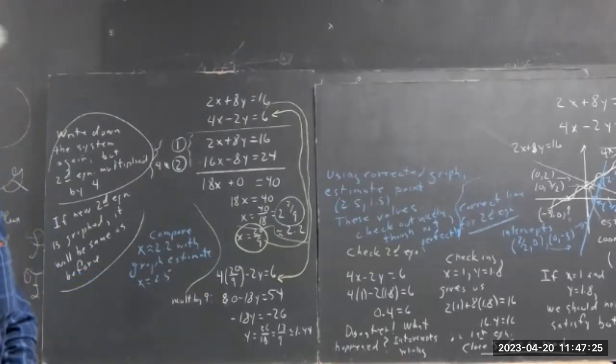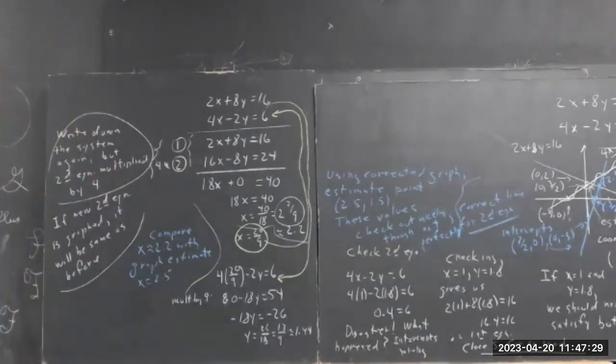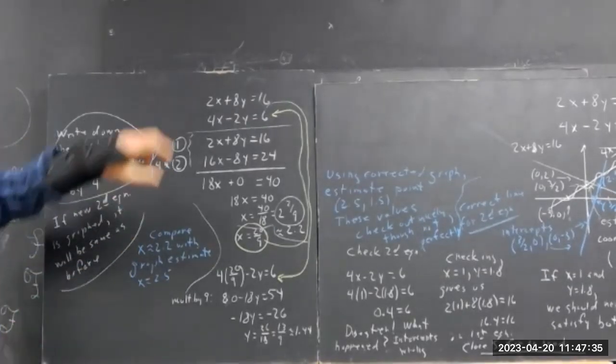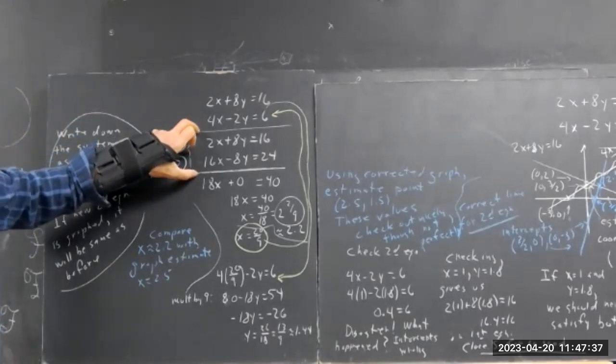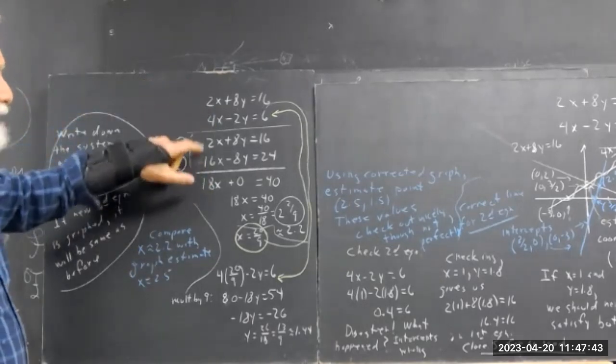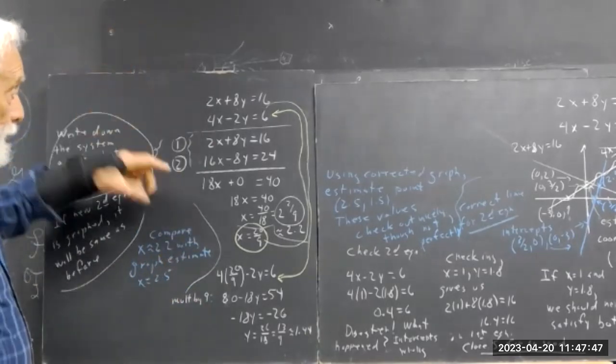Okay. What I had wasn't right. Now, there are a couple of comments on this board. First of all, it's important that I write down the entire system. Because if I don't have the entire system, the two equations, I might try to add something wrong or something like that.